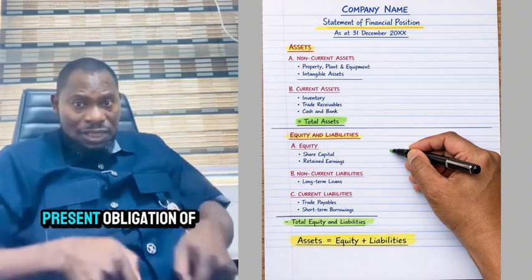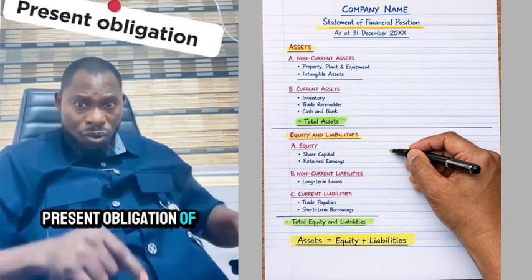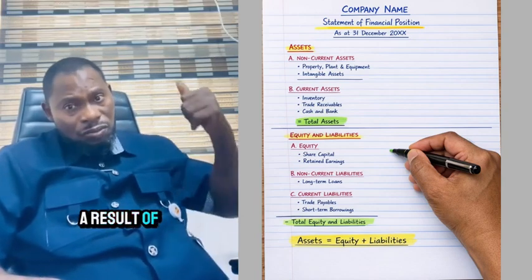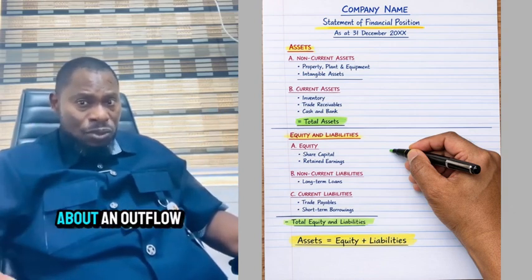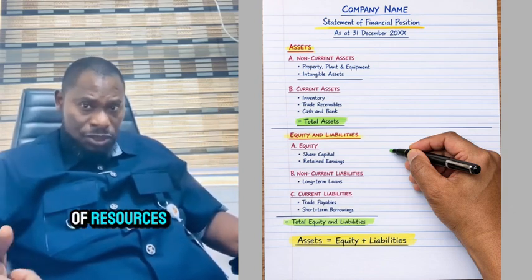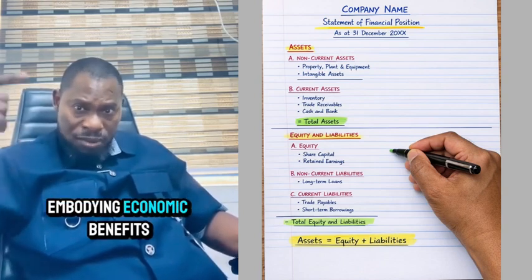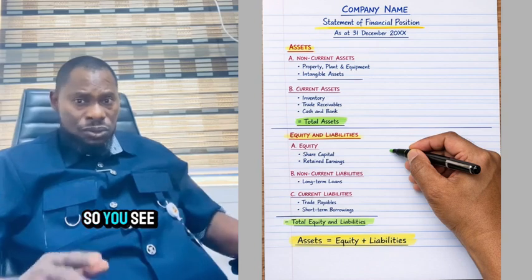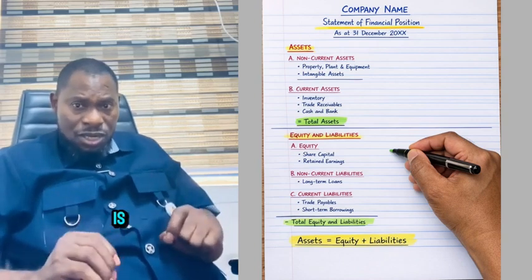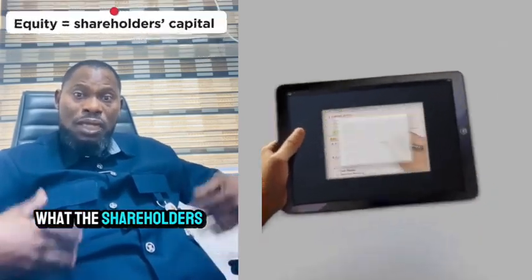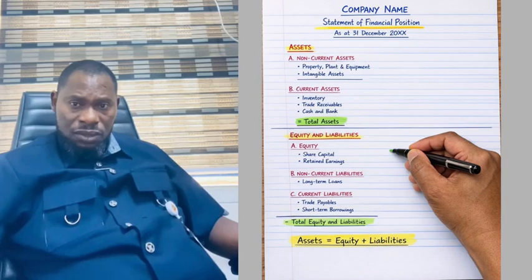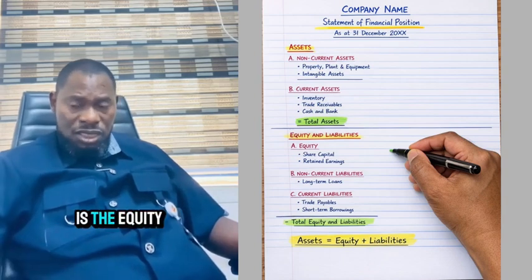So it's a present obligation of the entity as a result of a past event, the settlement of which will bring about an outflow of resources embodying economic benefits. So you see how the liability is. Then equity is what the shareholders contributed. The capital, that is the equity.